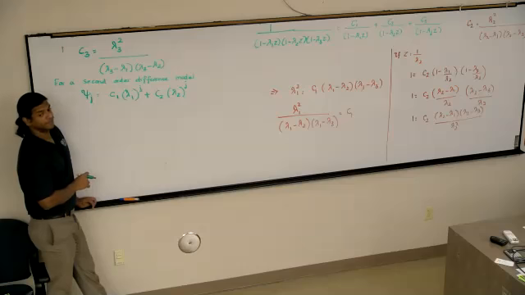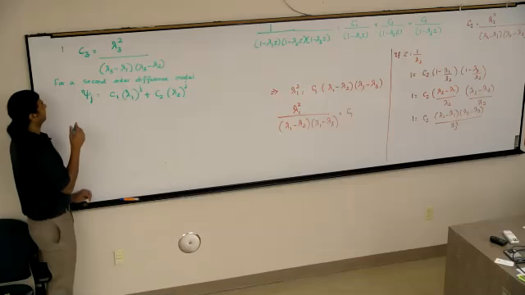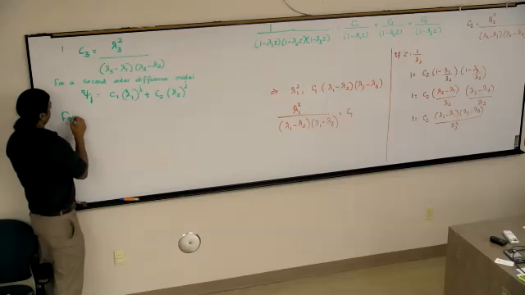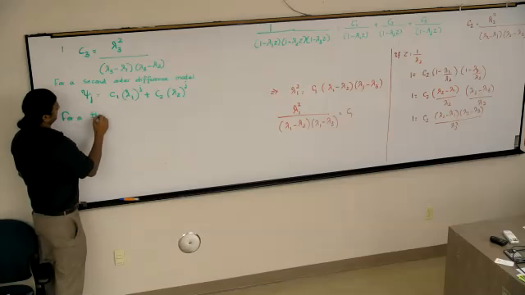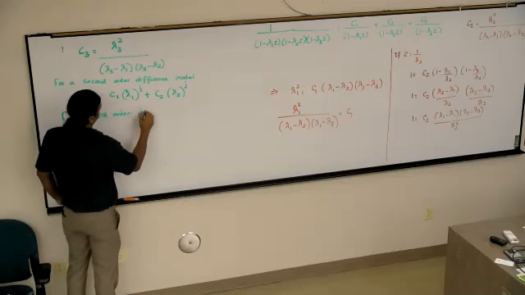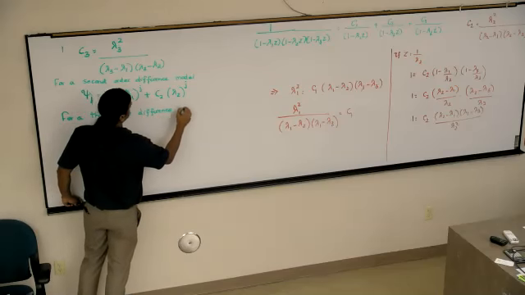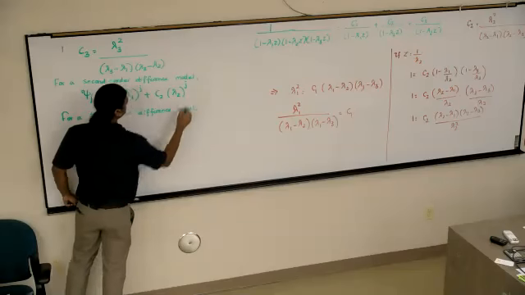Now I want you to take a guess. If I want to extend this to a third order difference model, what would psi j be? Would you just add on a plus C3 lambda 3 raised j? Do we agree with Alex?